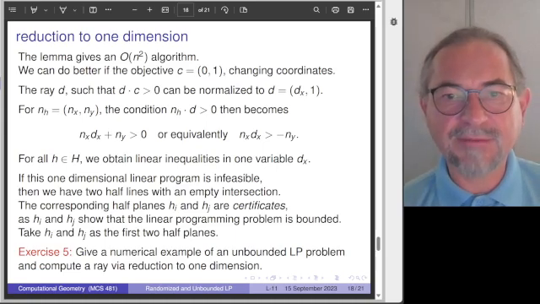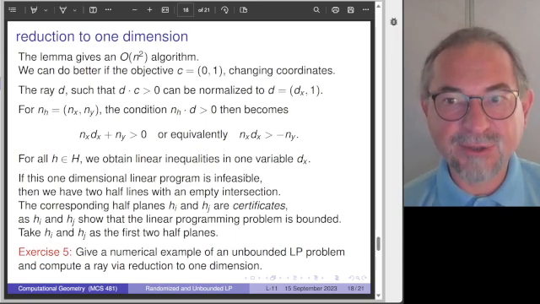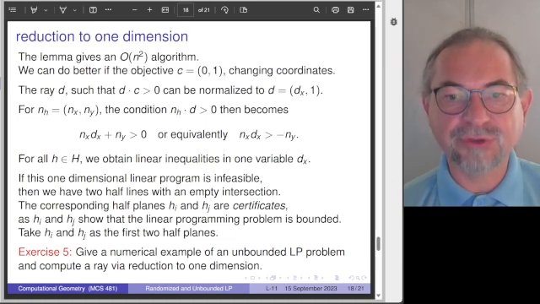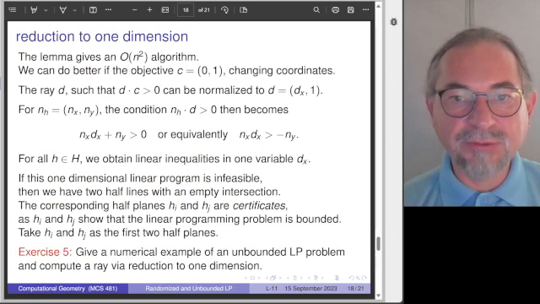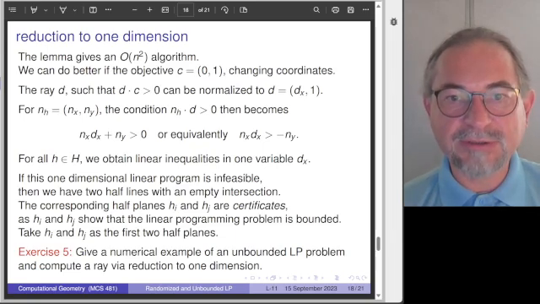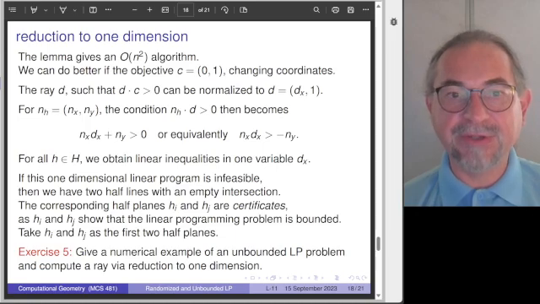We have therefore a way to check whether a program is unbounded or not. But we can do a lot better. Here you see what the candidates for the ray are.